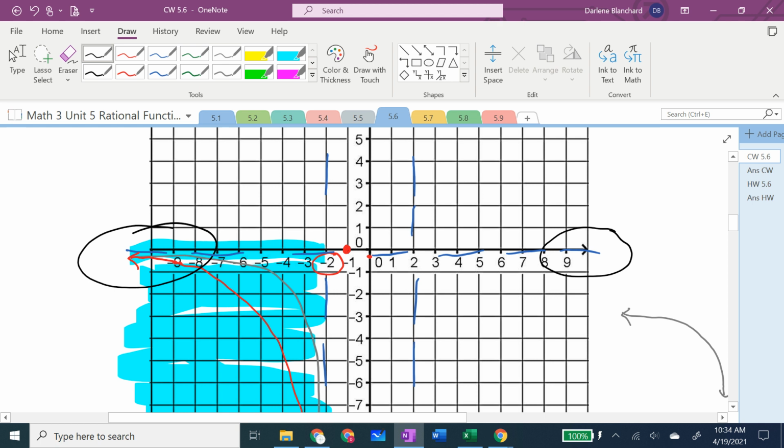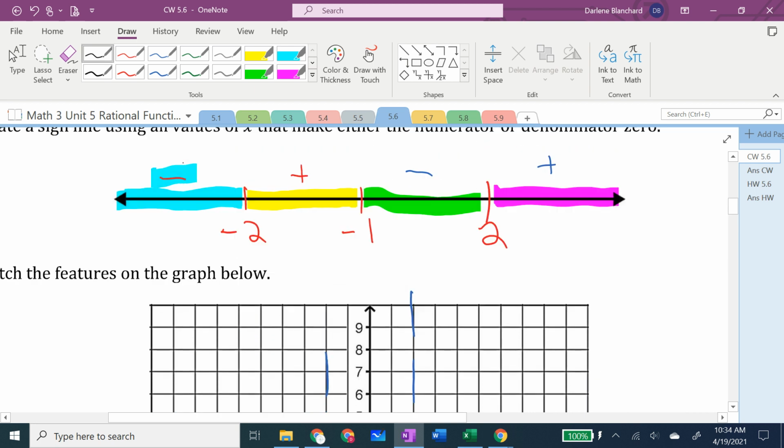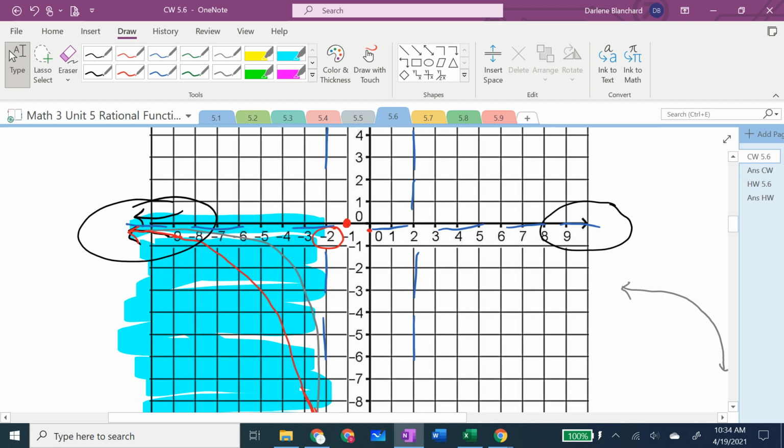On the horizontal asymptote's left end, it either has to come to it from underneath or from above. Those are your only two options. If you know that you only have negative values of the function, you know that it has to be from underneath, that you are heading to 0 from a negative number.